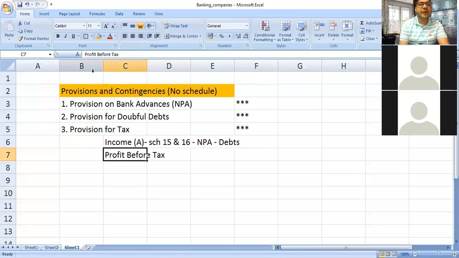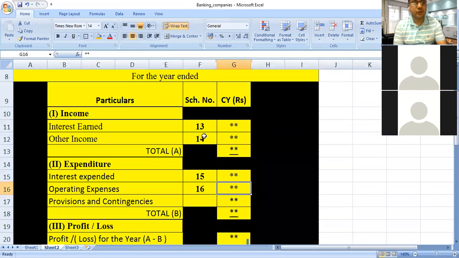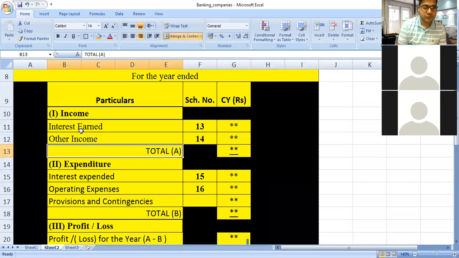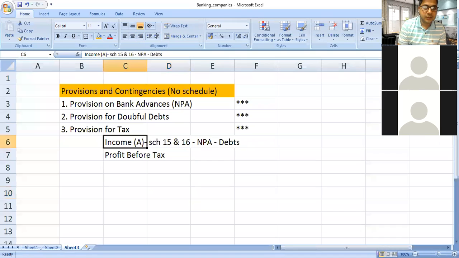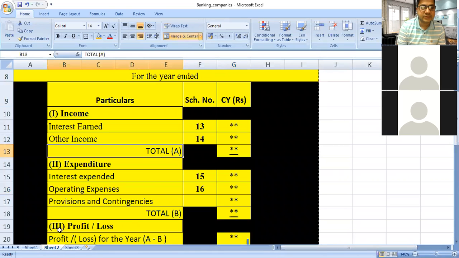So how will we get the profit before tax? Income is the total of the interest earned and other incomes. We have to deduct schedule 15 and schedule 16, which belong to interest expended and operating expenses.